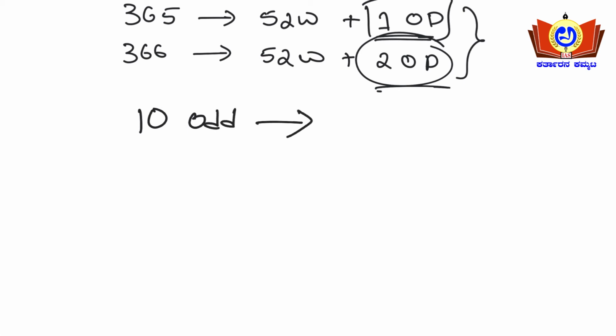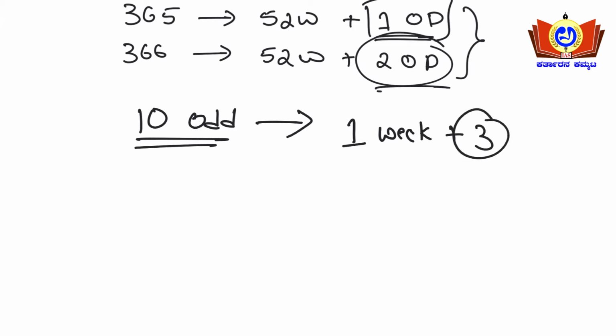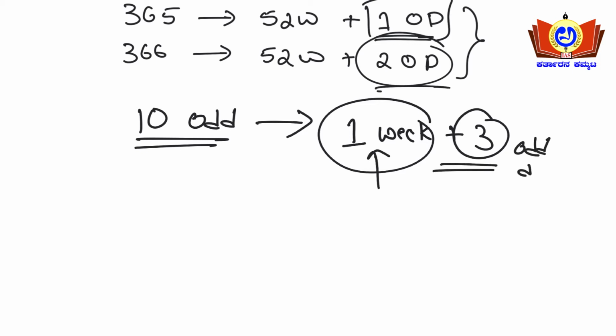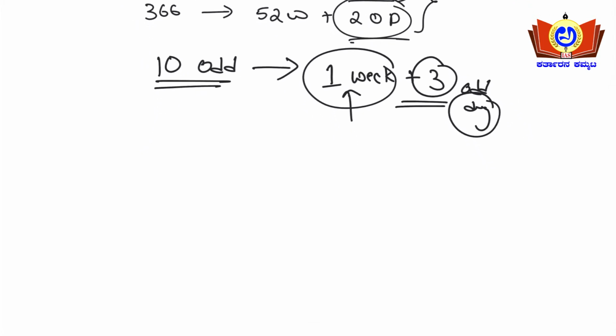Then what you will do is, 10 days is nothing but 1 week plus 7, 8, 9, 10, 3 days. So 1 week will be rounded off here. So 10 days will have 3 odd days. Yes or no? Similarly 8 days, that is 1 week plus 1 odd day.